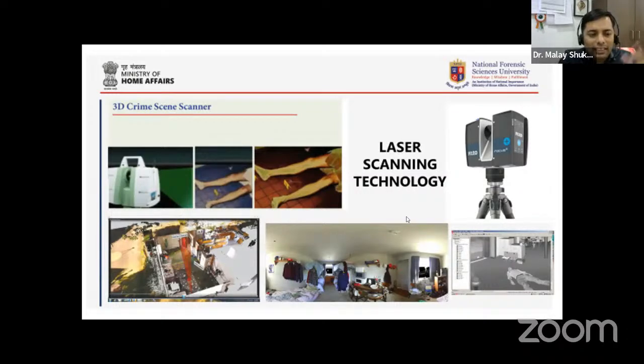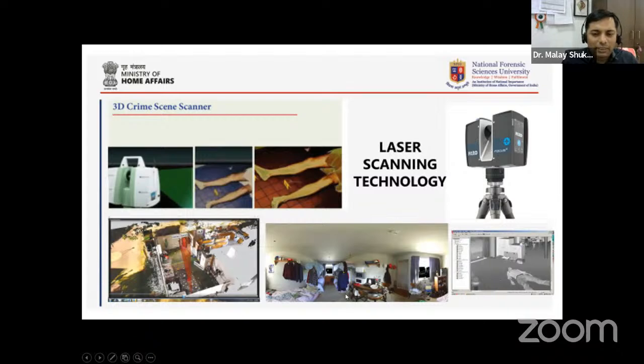So it is always necessary to reconstruct the scene of crime and document the scene of crime in the most scientific manner and using the advanced tools and techniques. So nowadays we have started using this laser scanning technology. We call it 3D crime scene scanner. And what we need to do is, just like a camera, this will rotate 360 degrees.